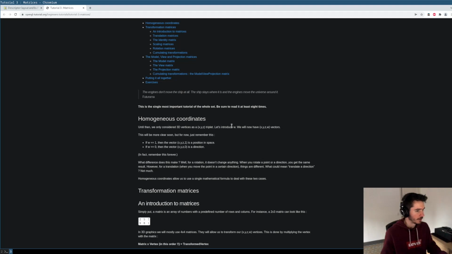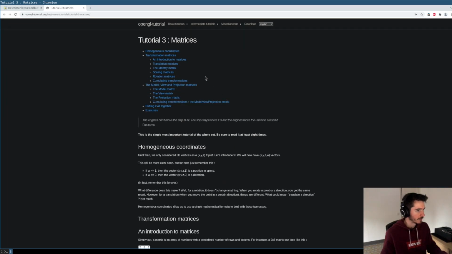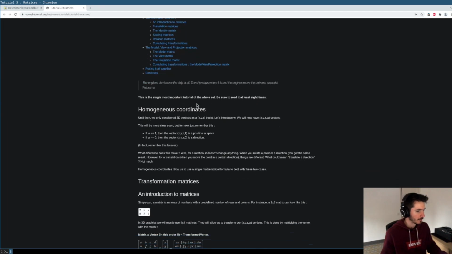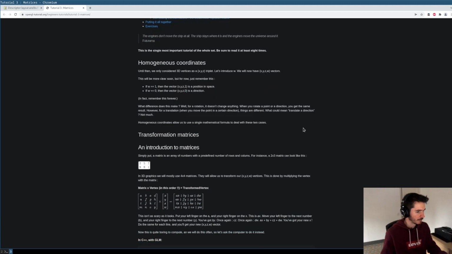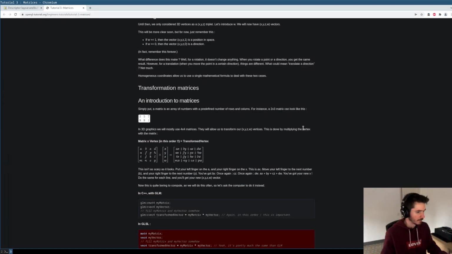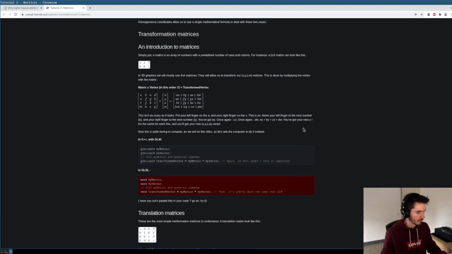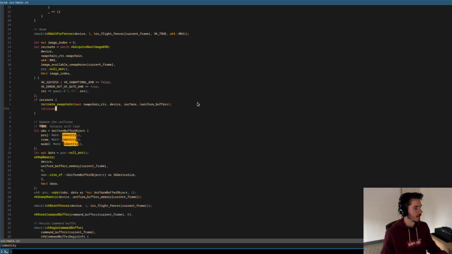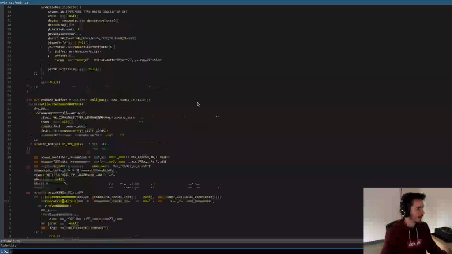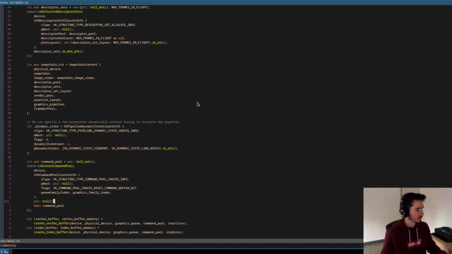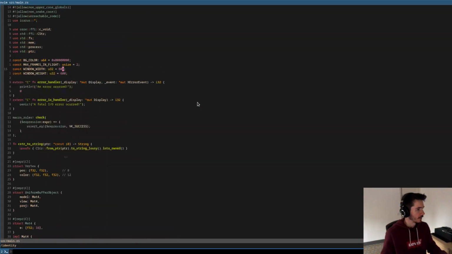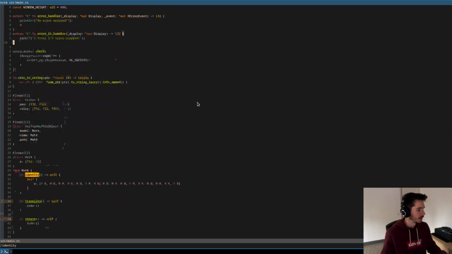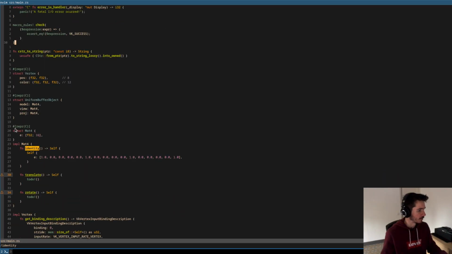Let's try to go through this. So first, probably we want to introduce matrix multiplication. And in fact, I'm gonna start by moving this matrix code into its own module.